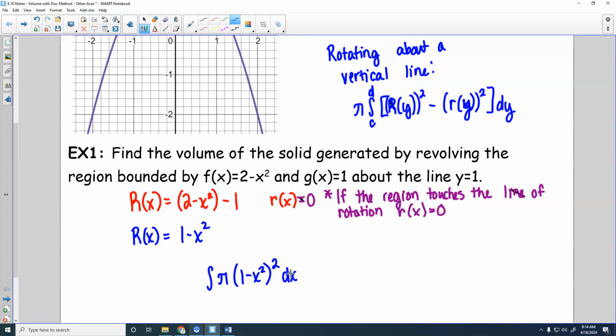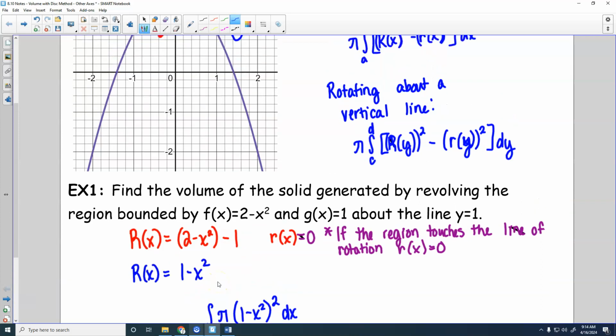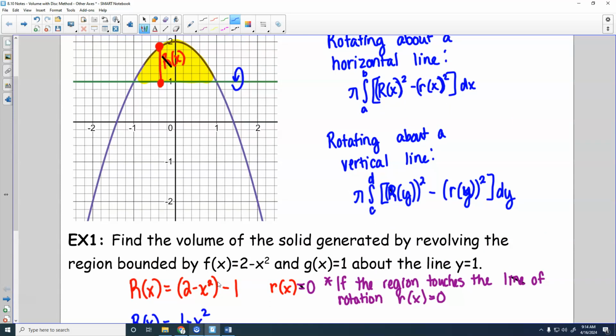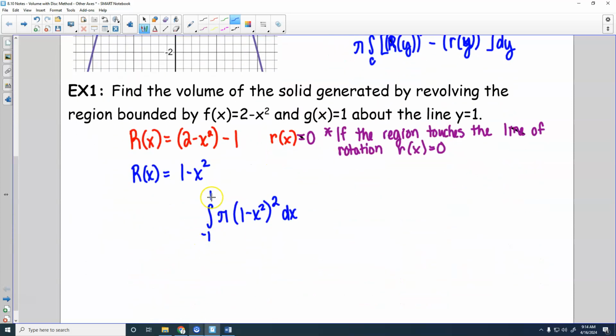There's no hole in the middle of this. What should my limits be on my integral? -1 to 1, because those are the intersection points of our region right here. So -1 to 1. We'll do this one by hand, but we're going to do most of these either just set up or use our calculator. Let's pull the pi out.